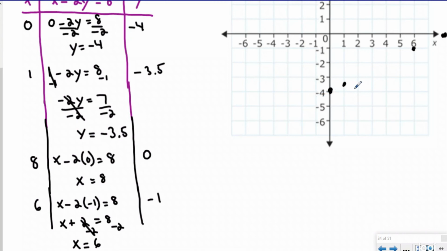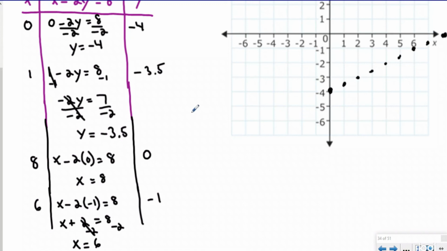So based on my slope right here, it looks like I'm going over 1 and up half, over 1 and up half, and again and again, all the way along the line.